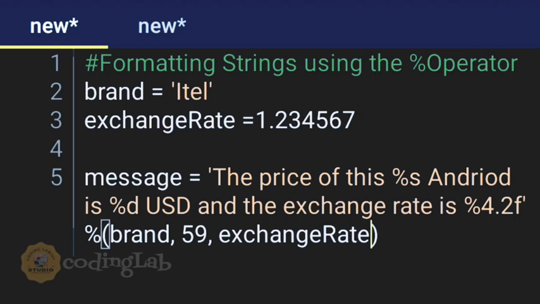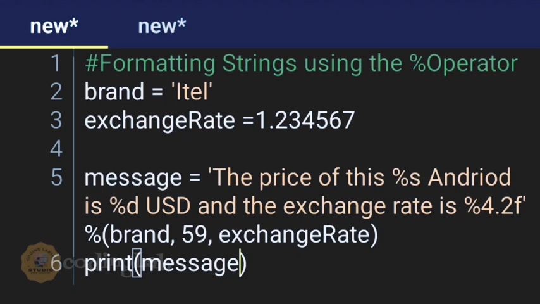Now to do this, we print message. This brand replaces the s, which is the item. And 59 replaces the price. The price of the 100 percent s will become item 100.